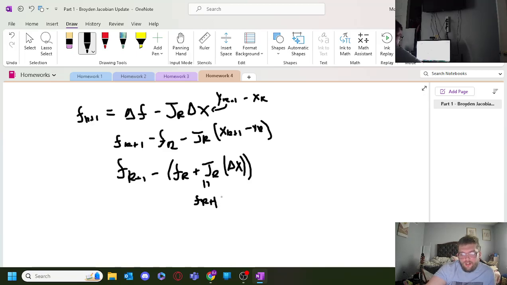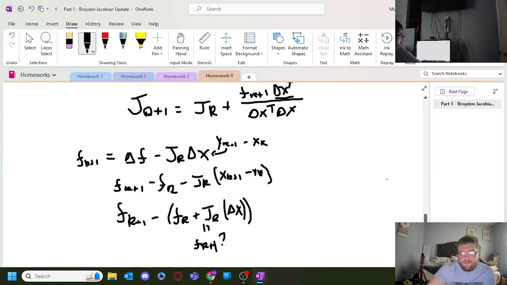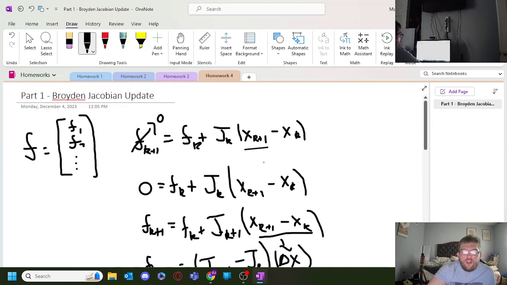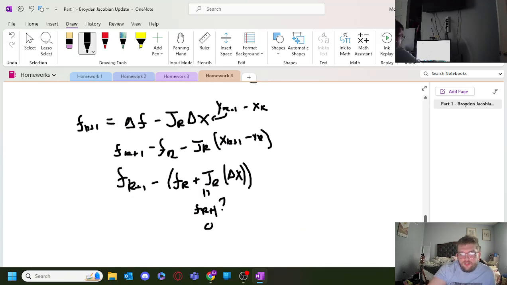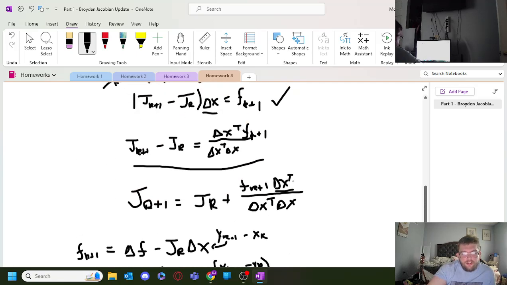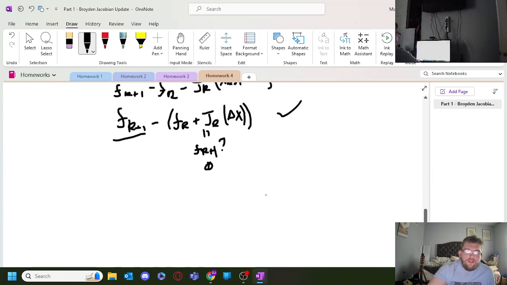Or can we? Because remember, we go back up here, we picked our x sub k plus 1 such that this is always 0. So it's not f sub k plus 1, it's actually 0, leaving off just this term, which is what's over here. So that checks out. So numerator is fine, now I got to worry about the denominator.